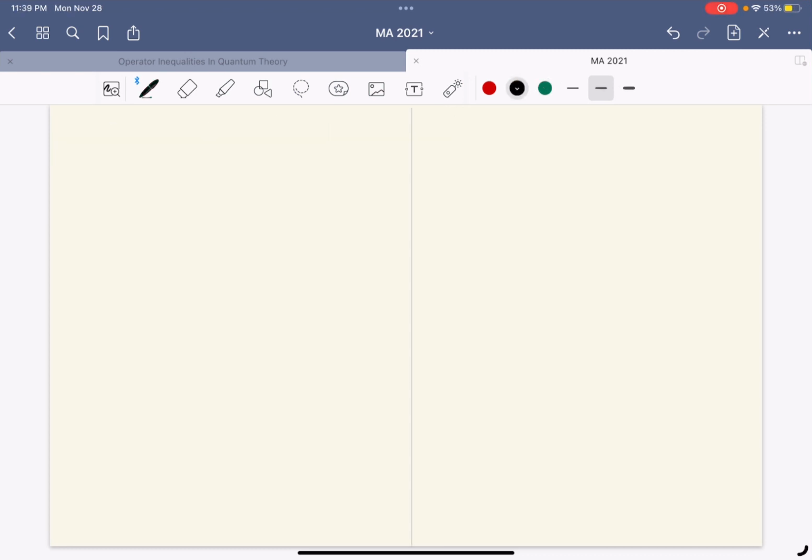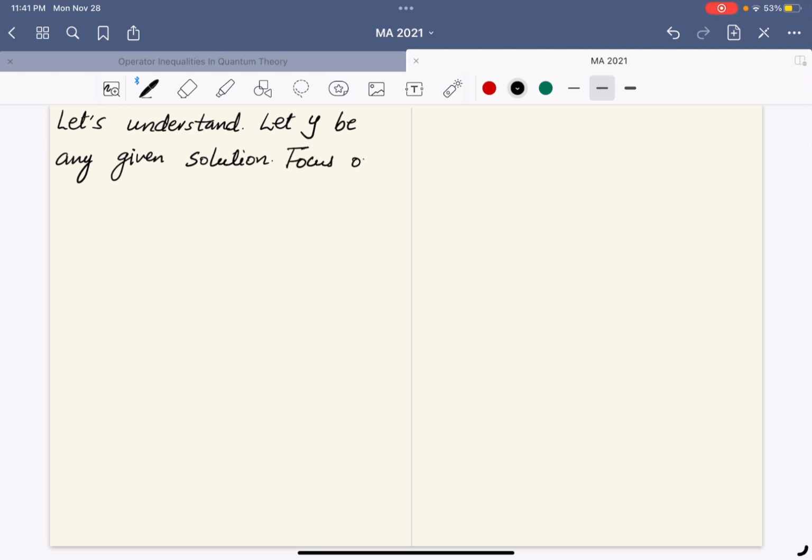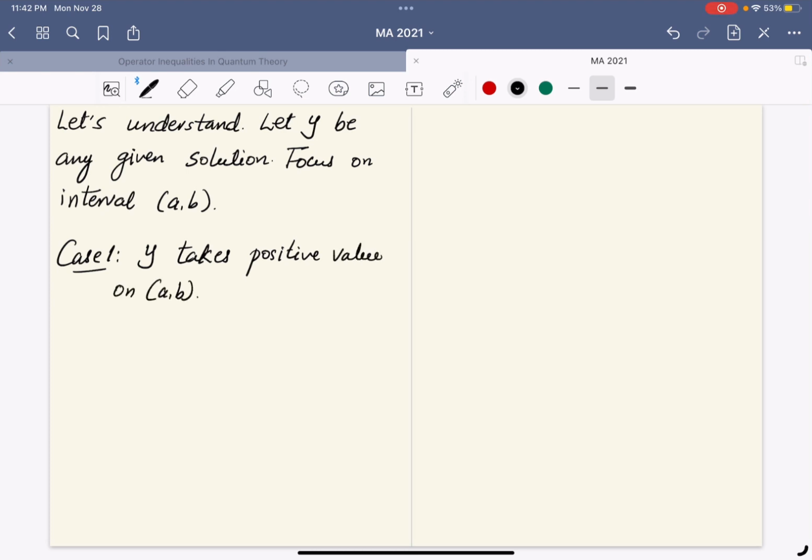Very well. Now let's get into the mathematics of the right answer. Now consider y to be a solution for the given problem that we had and focus on the interval [a, b]. Now consider case 1. Let's assume that y takes positive values in the interval. Now its graph is going to look something like this. Here you have a, here you have b.